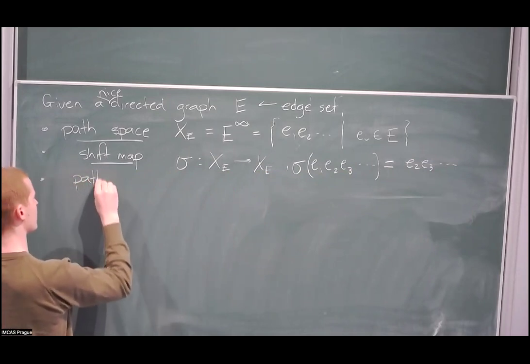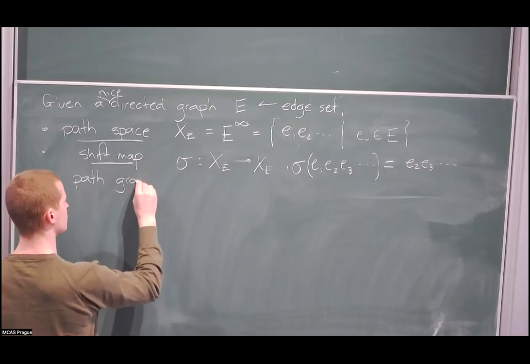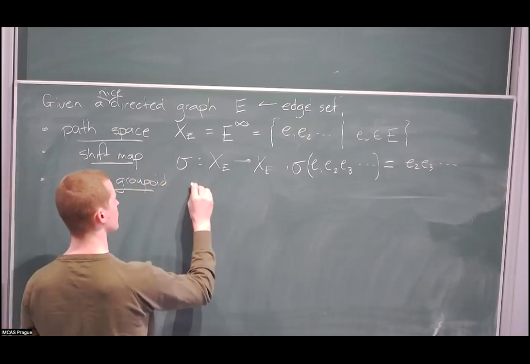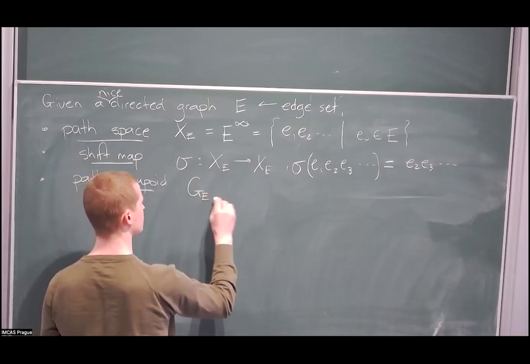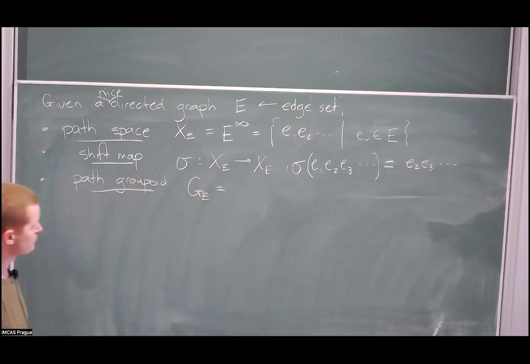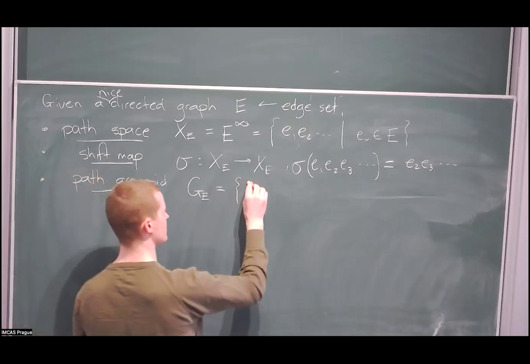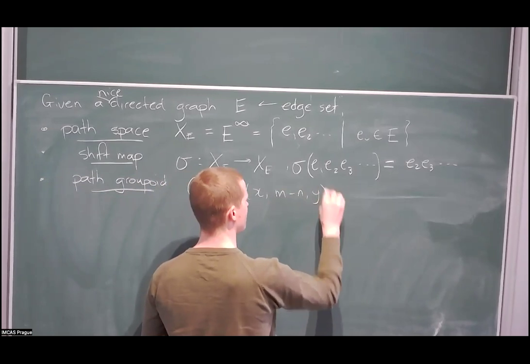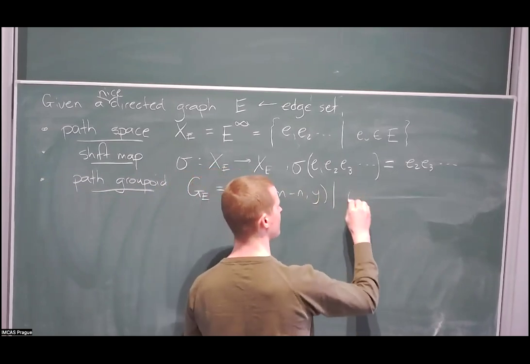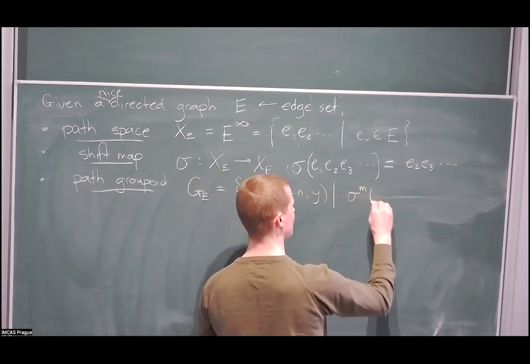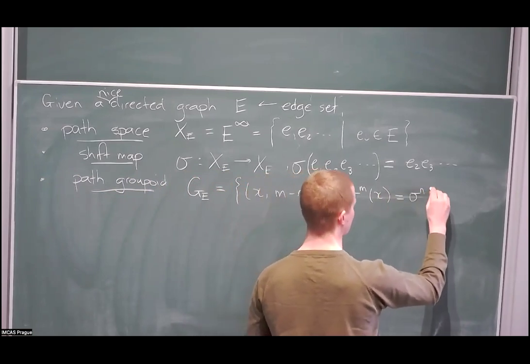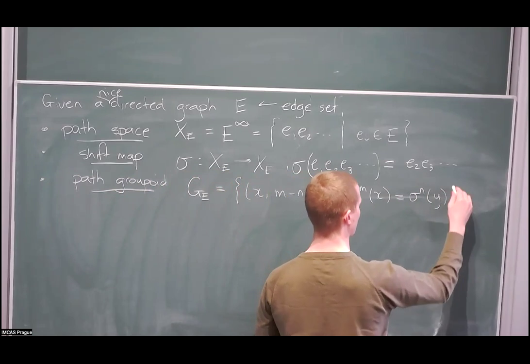And the path groupoid G_E is the triples (x, m minus n, y), where if I take the first m edges off of x, I get the same thing as if I take the first n edges off of y.